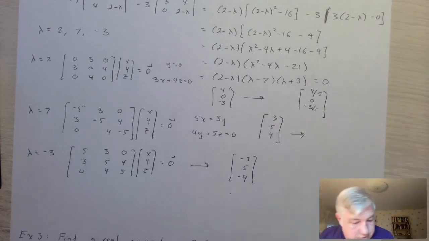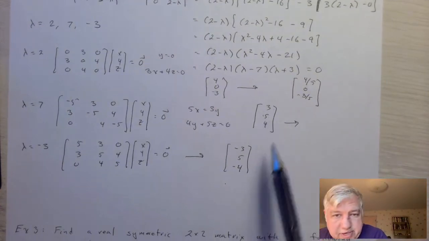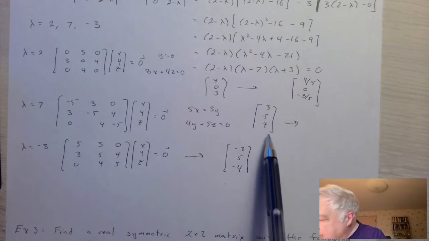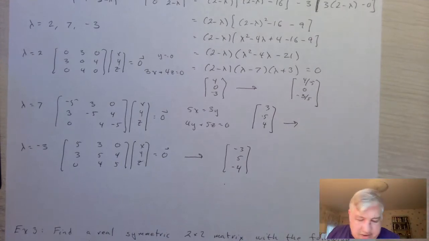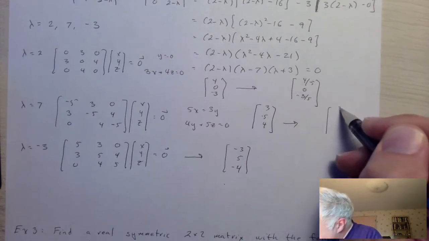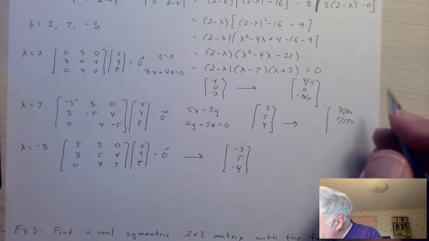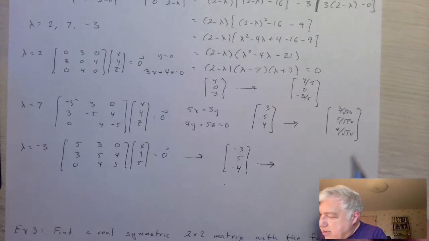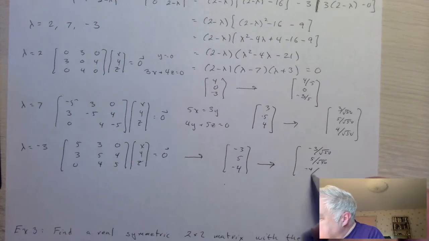The length of the second is the square root of 9 plus 25 plus 16, which is 50. So we'll get 3 over square root of 50, 5 over square root of 50, and 4 over square root of 50. And similarly, the third will be -3 over square root of 50, 5 over square root of 50, -4 over square root of 50.